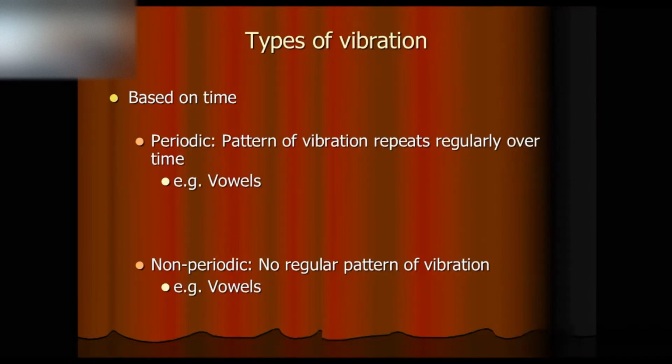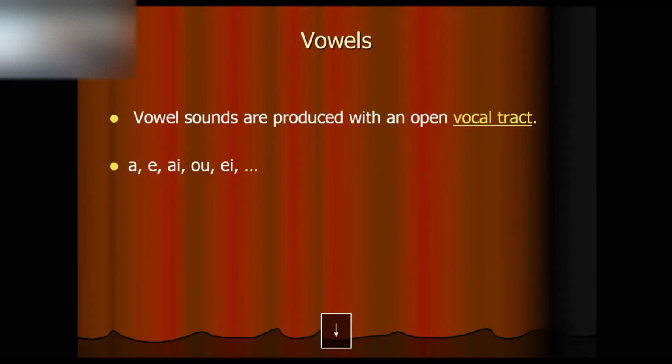We talked about this before. There are two kinds of vibrations. One is periodic. It is a pattern that repeats regularly over time, like vowels. On the other hand, non-periodic, for example, consonants, there is no regular pattern of vibration. We showed some examples before.